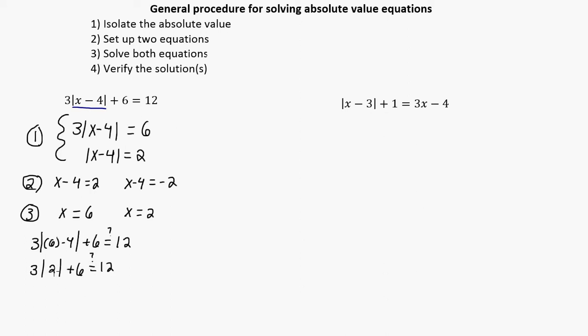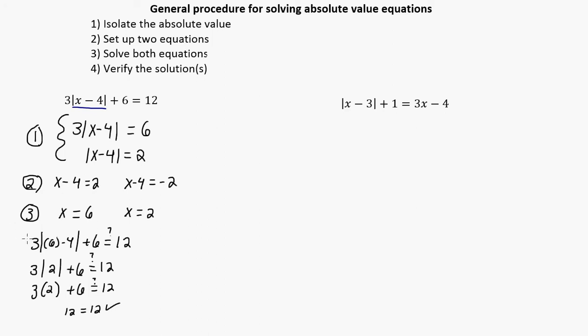Well, the absolute value of 2 is 2, so I have 3 times 2 plus 6. 3 times 2 is 6, and 6 plus 6 is 12. This is, of course, 12 equals 12, which is what we hope to get.